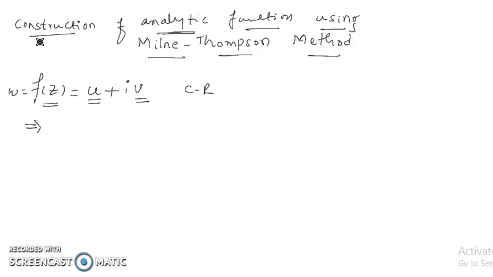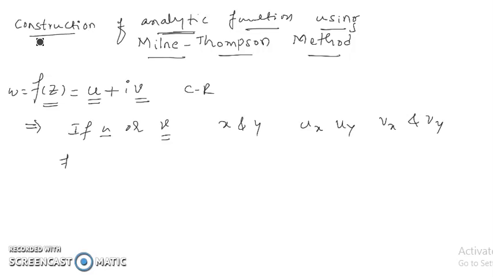If u or v is given, we are going to differentiate this function with respect to x and y partially. So we are going to get u subscript x, u subscript y if u is given. Similarly, v subscript x and v subscript y if v, the imaginary part, is given.